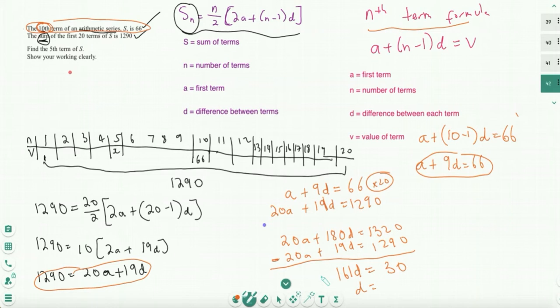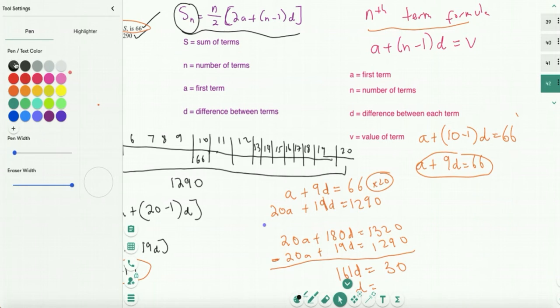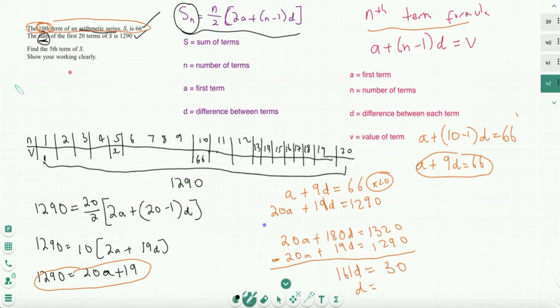I've made a mistake somewhere, haven't I? Oh yes, here's my mistake. 10 times 19 is 190, not 19. So 190d.